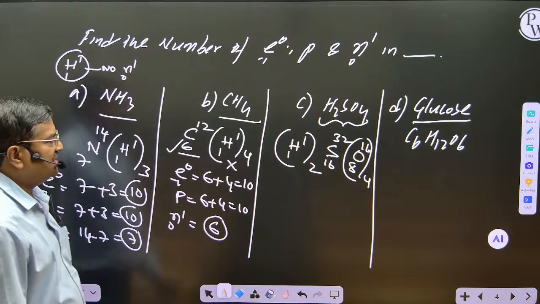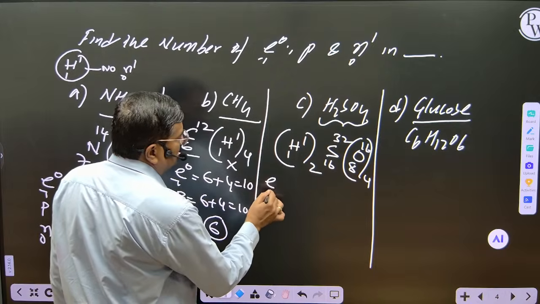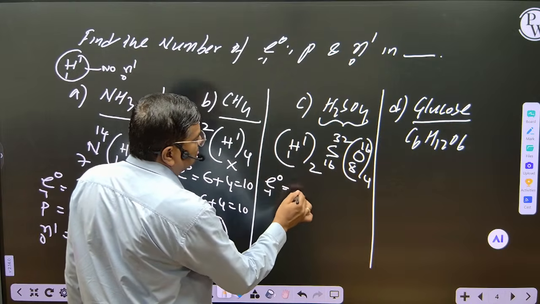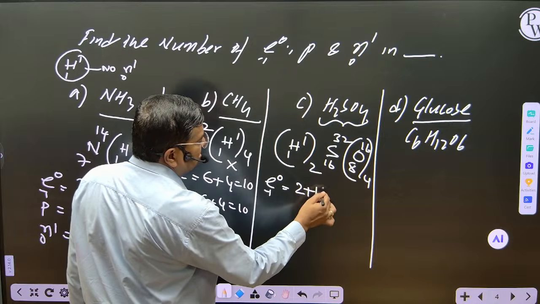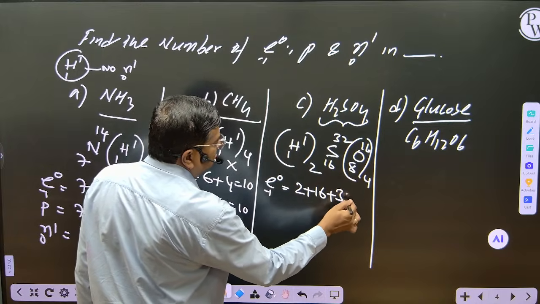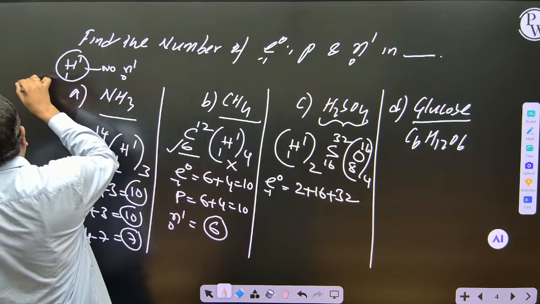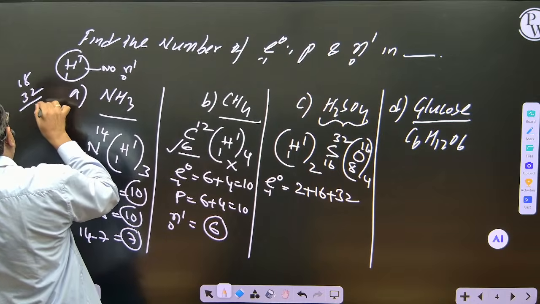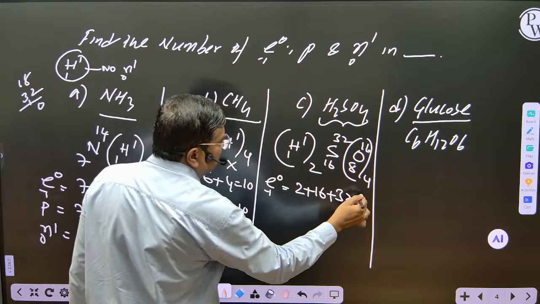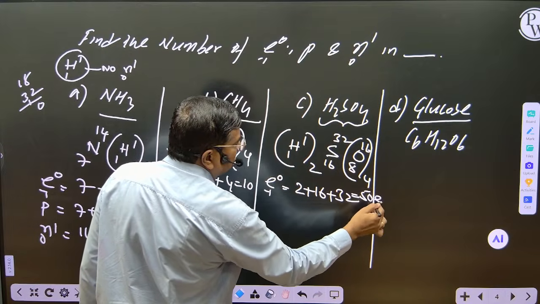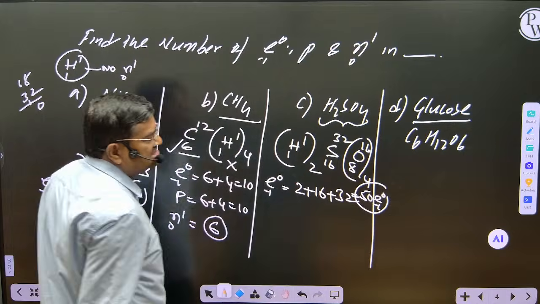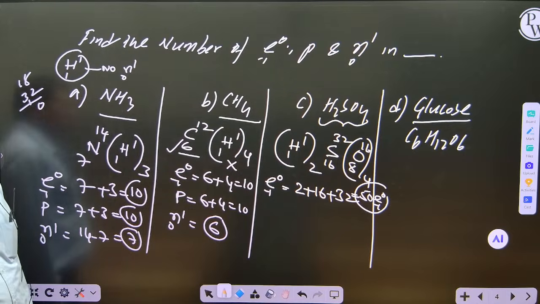Now tell me from hydrogen, if I ask electron, from hydrogen there are 2. From sulfur 16. From oxygen 32. Total when you add 18 plus 32, that comes how much? 50. 50 electrons will be there in sulfuric acid. Check, all of you got same answer, 50 electrons should come.